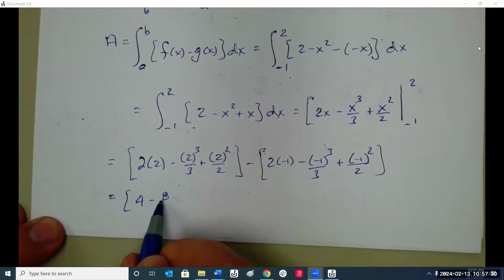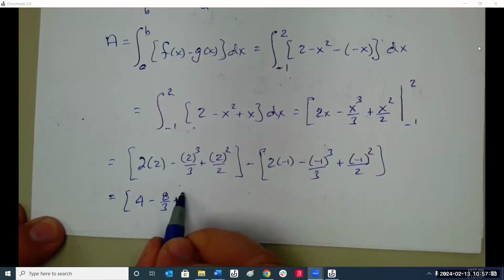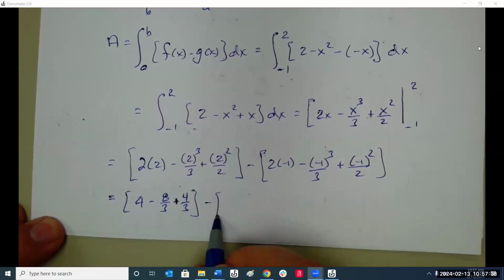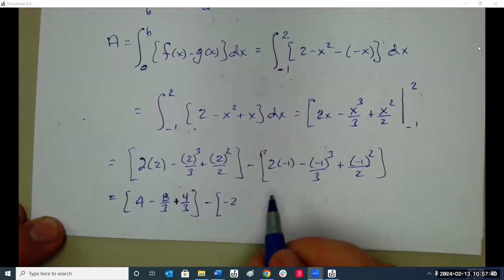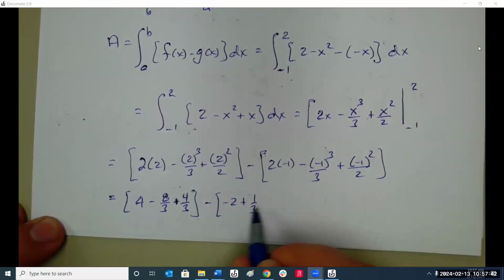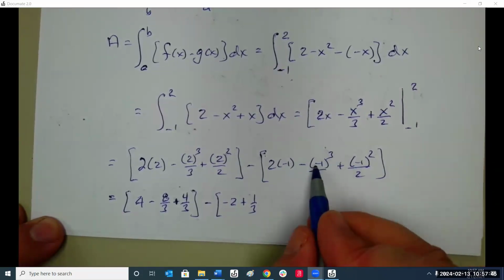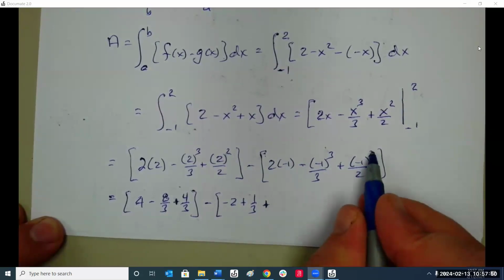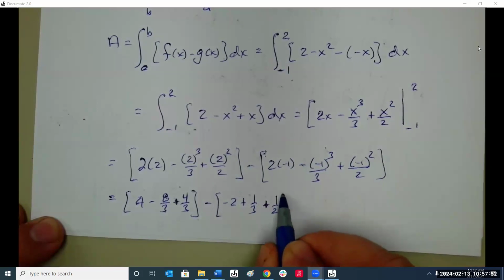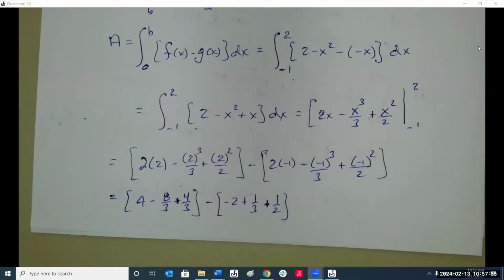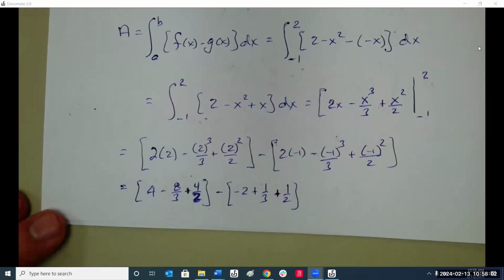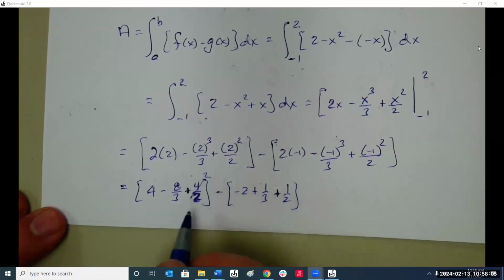Four minus 8/3 plus 4/3 minus negative 2, plus negative 1 cubed is negative 1, negative 1 over 3 is positive 1/3. Negative 1 squared is positive 1/2. 4 over 2 is 2.